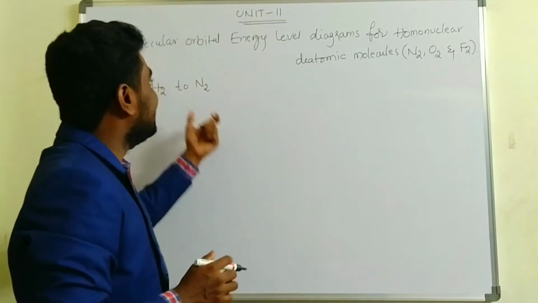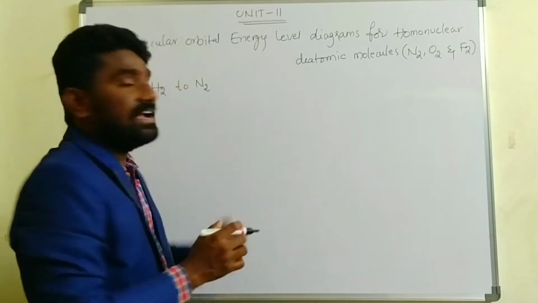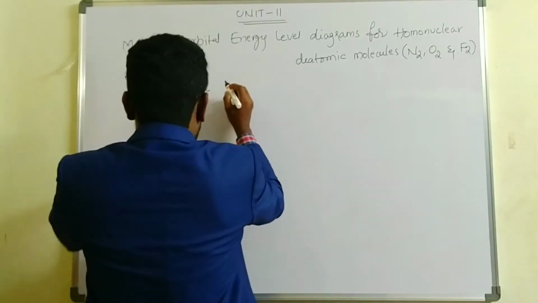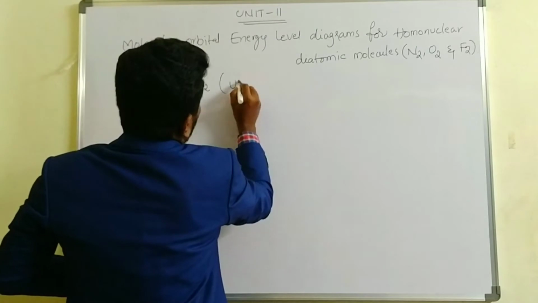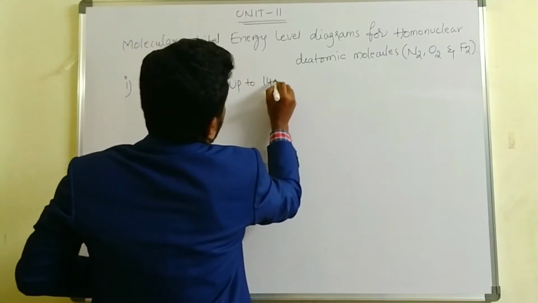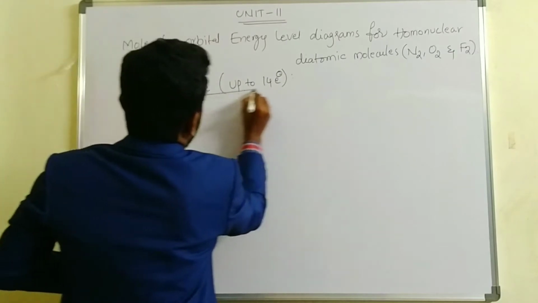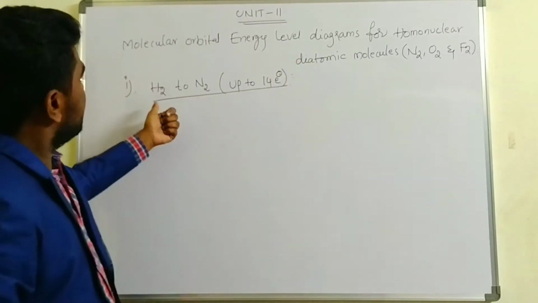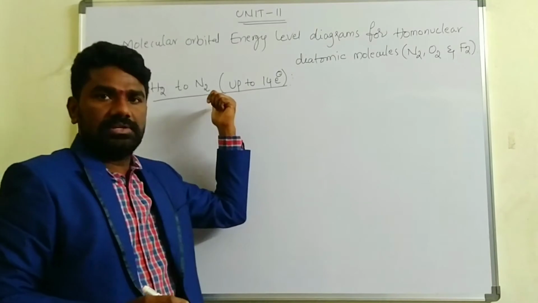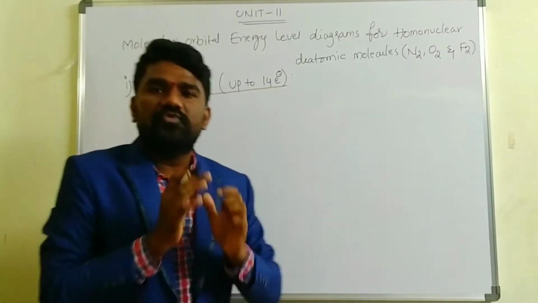So this can be divided into categories. The first category is hydrogen to nitrogen, up to 14 electrons.